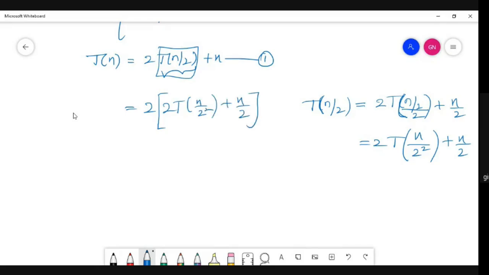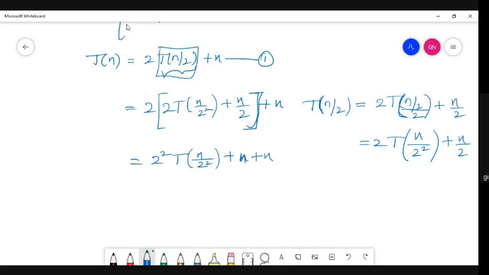When I multiply 2 inside, it becomes 2 square T(n by 2 square) plus 2 and 2 cancel, and I'm left with n. I forgot there was one more n here, because we have substituted for this. There was one more n here. So now I got the value.